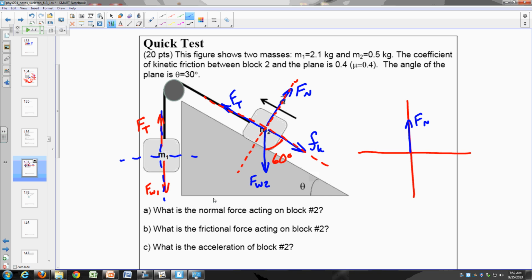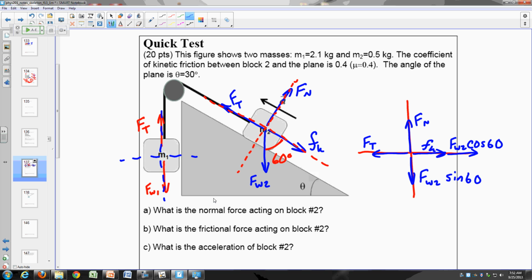Fn, Ft, Fk. The x component is what? Cosine 60. Good. And here I have Fw2 sine of 60. So now I've resolved the vectors.